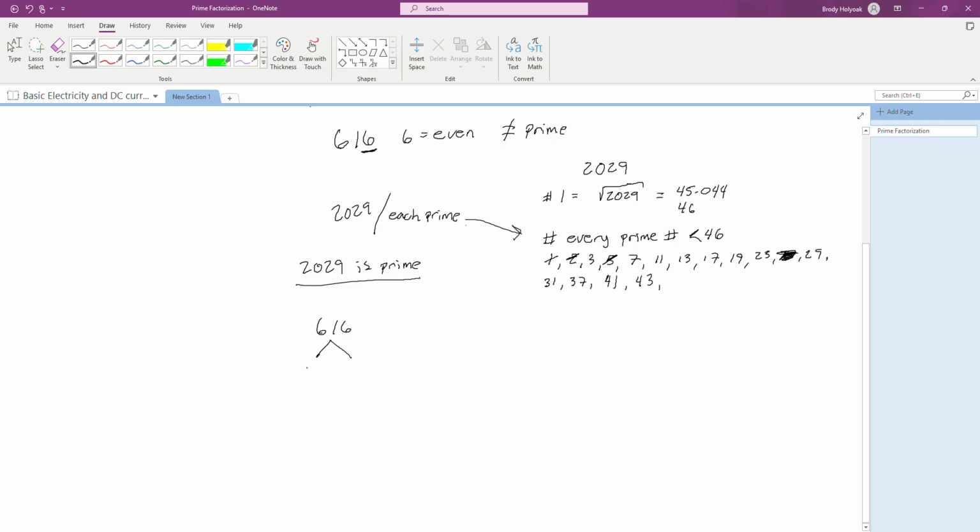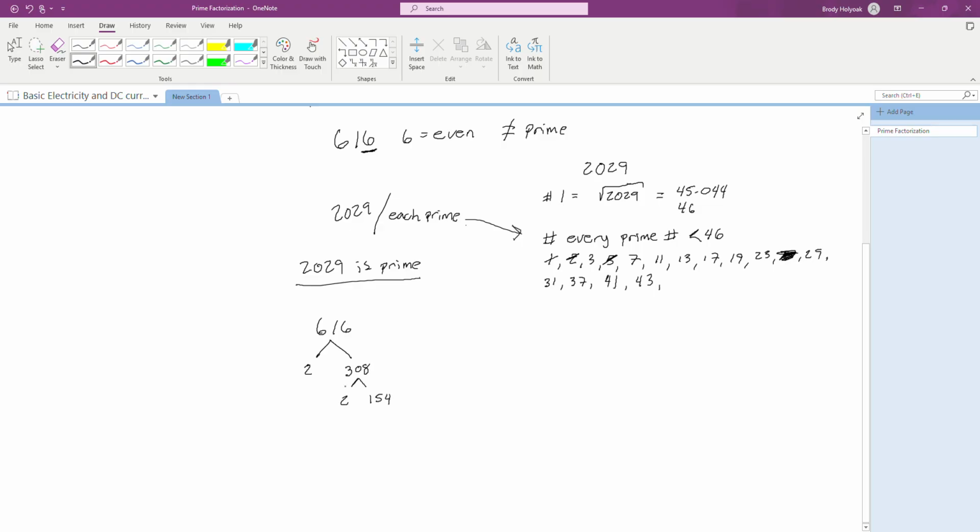So 616, we're going to divide it by 2. And when we do that, we have 308 remaining. Now, I can take that 308 and split it up because I know 308 is not prime because it's even. So my first test is if it's even or not, then we have to check some other things. So 308, we divide that by 2, and that gives us 154.